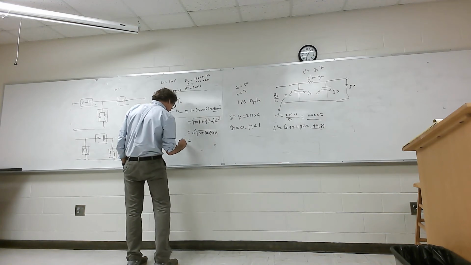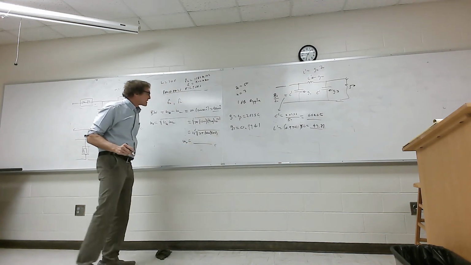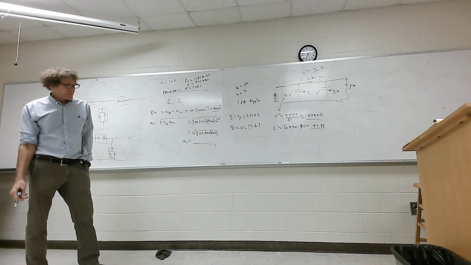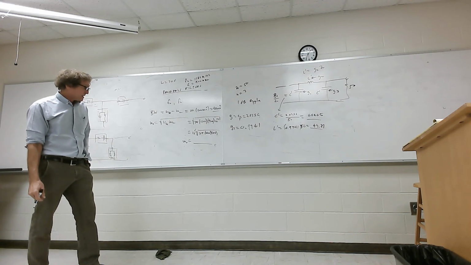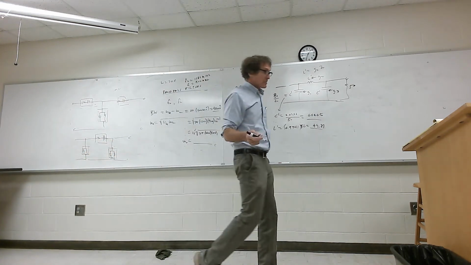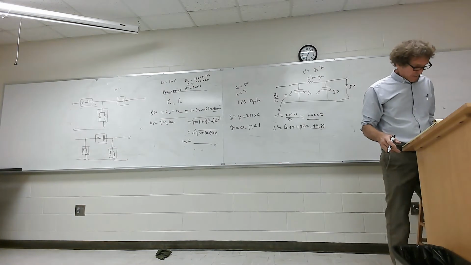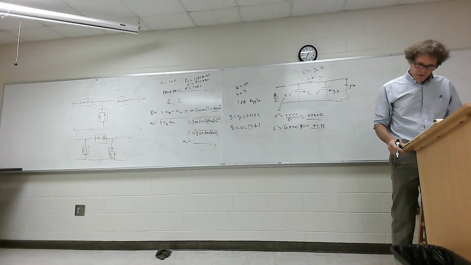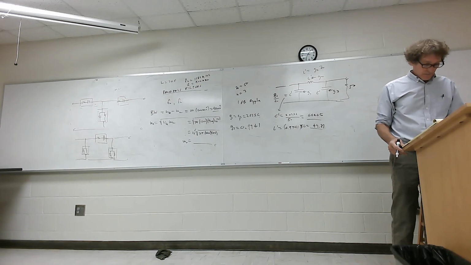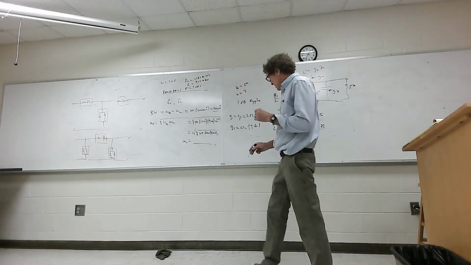And what's that value going to be? Because we need these values. Anybody? I'm just trying to get you to work this with me, because he has for omega naught 6.25 times 10 to the 9th. Is that right? For this omega naught?